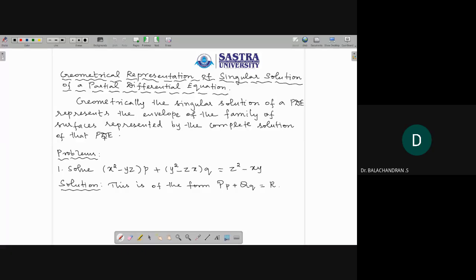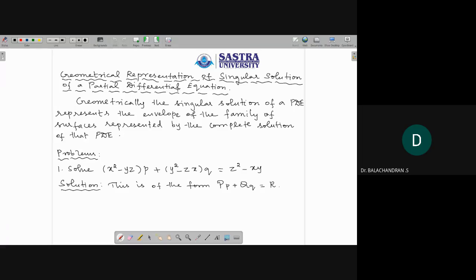In the first semester itself, we studied evolutes and the envelope. Then the envelope definition itself, you may have studied.